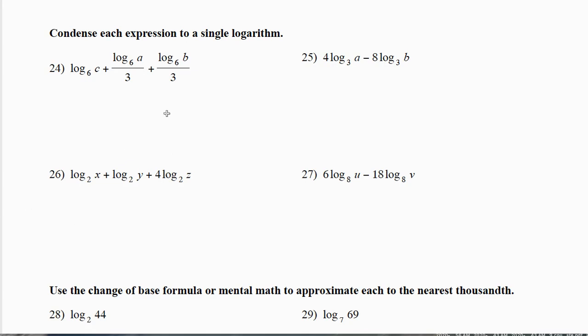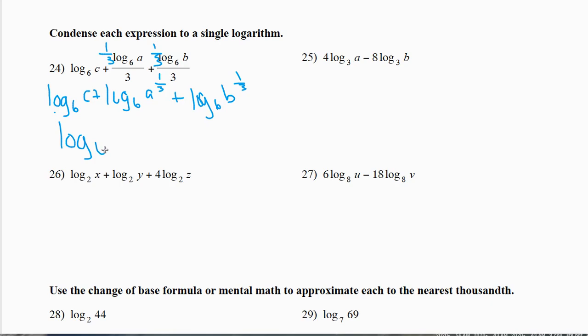Here is very similar. We're going to actually change this to 1/3 and 1/3 here, because the number out front becomes an exponent. So this becomes log base 6 of c plus log base 6 of a to the 1/3, and then plus log base 6 of b to the 1/3. Now because we're adding, we're going to multiply those 3, and because the logs are all the same, we can do this.